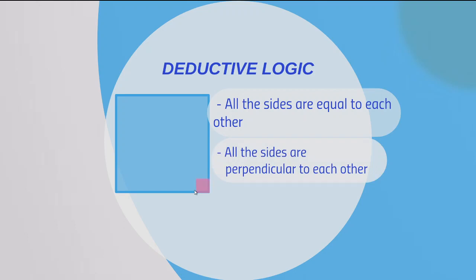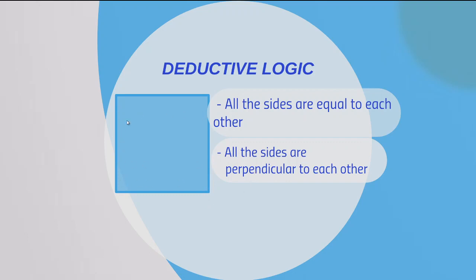That means all are 90 degrees. So based on these informations, first, all the sides are equal. Second, all the angles are 90 degrees.